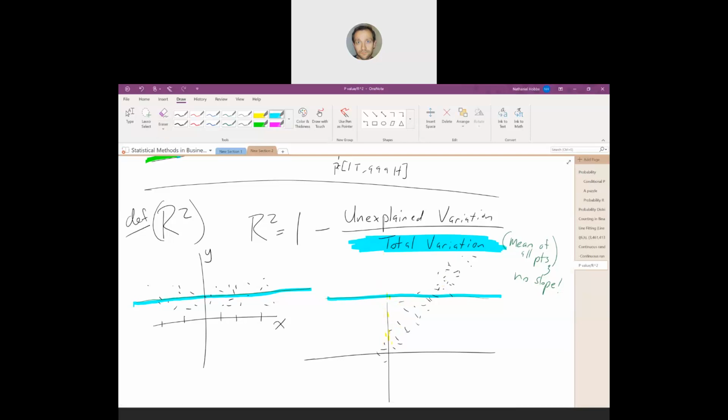This, the unexplained variation. That's the variation from your hypothesis line, which in this case is not a very good one. This may be this line. And there's also variation around this. That's this plus that plus this plus that. These points also vary around the line.